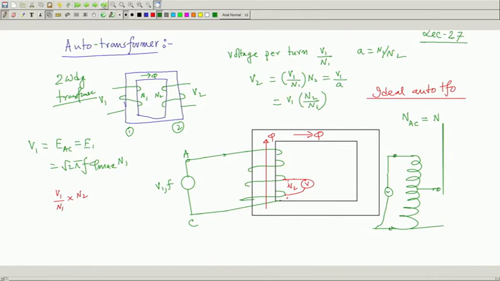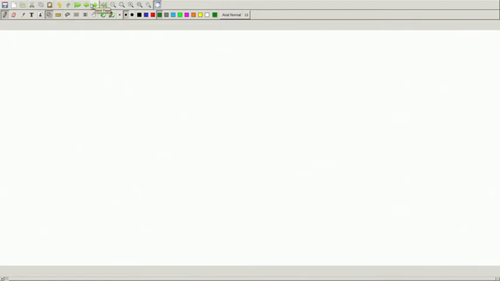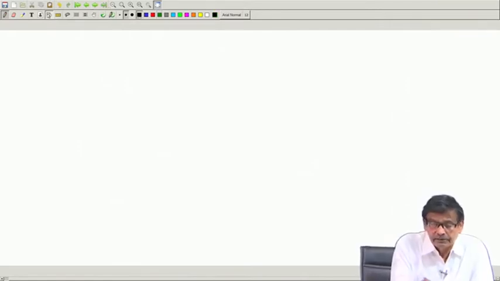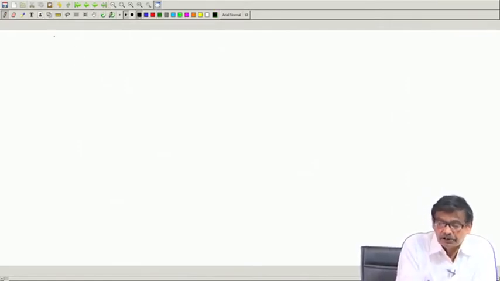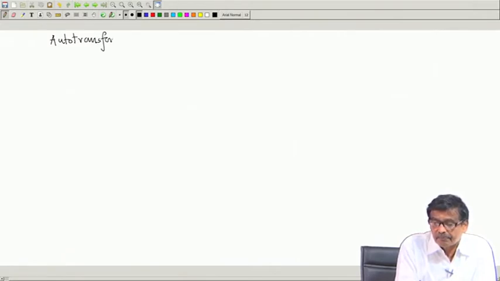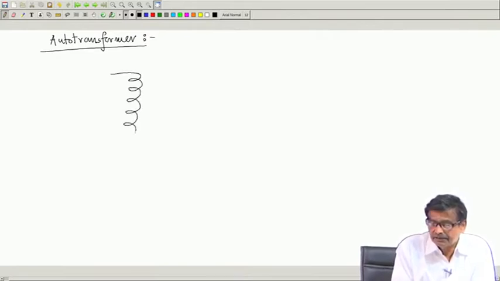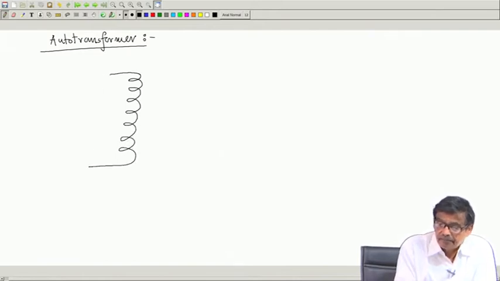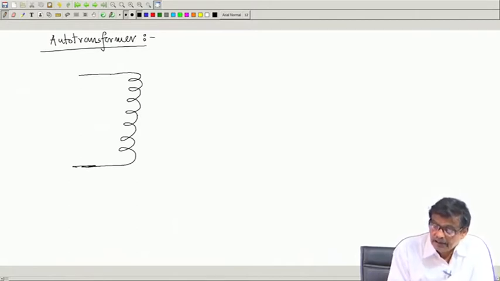And let us draw a nice picture here, so that we know what is happening. So, auto transformer. It is like this. This is the coil. I will draw this way. And here is your tappings taken.